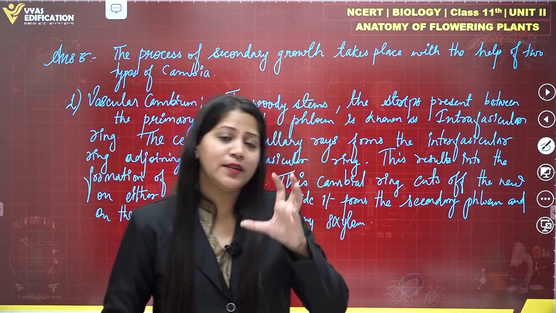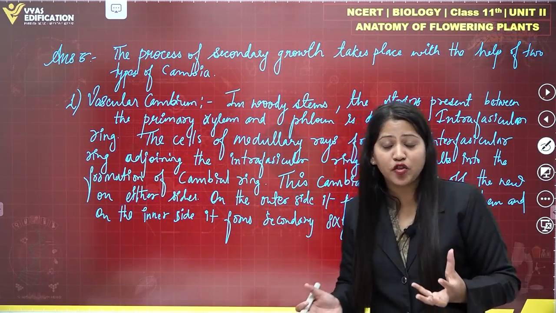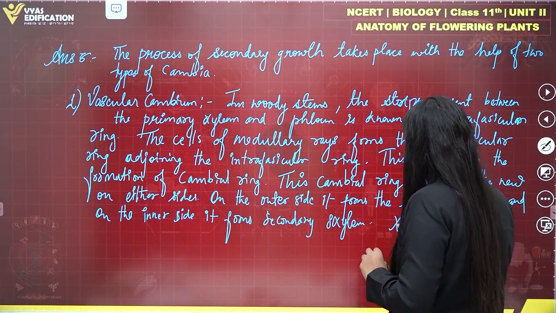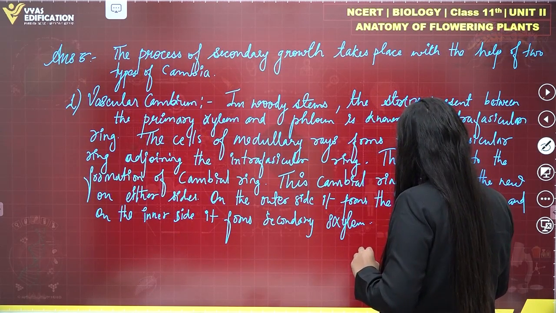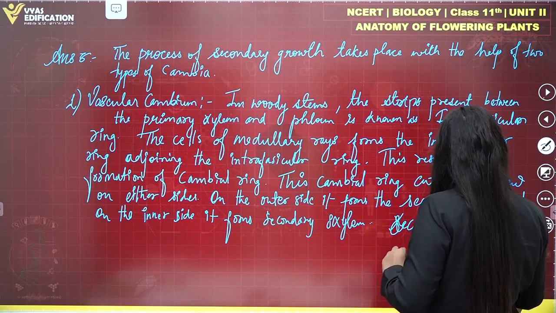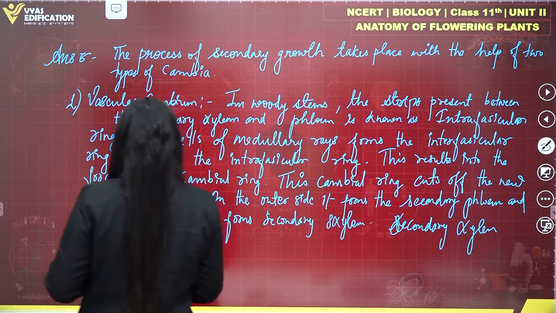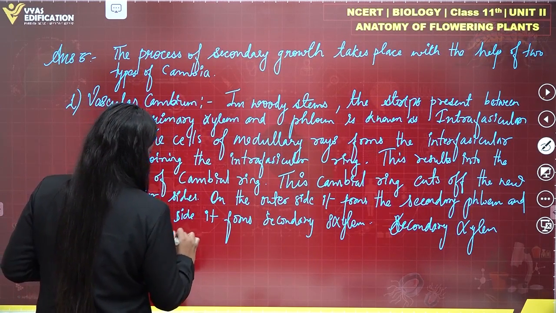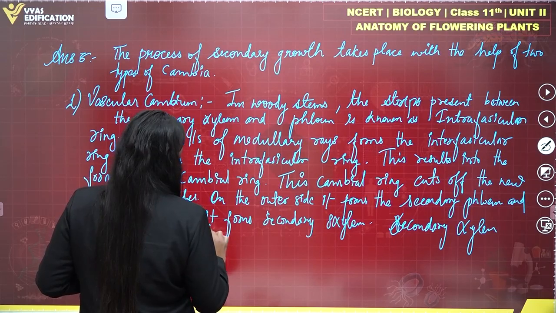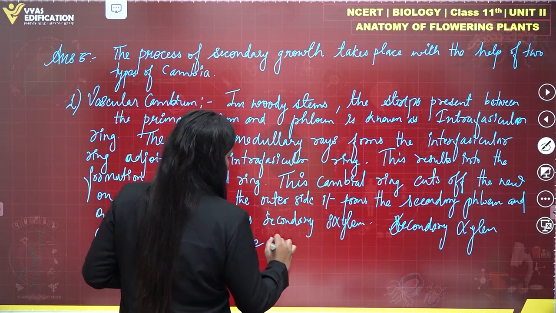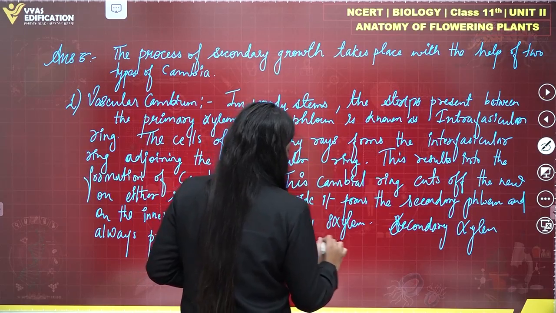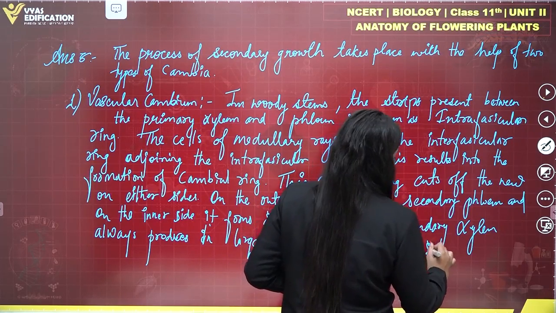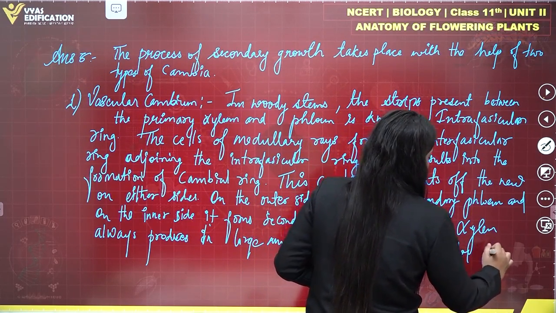Remember that secondary xylem is always produced in large amounts as compared to secondary phloem. So we'll write like this: secondary xylem always produces in large amount as compared to secondary phloem.